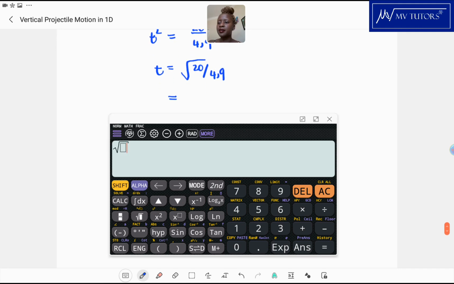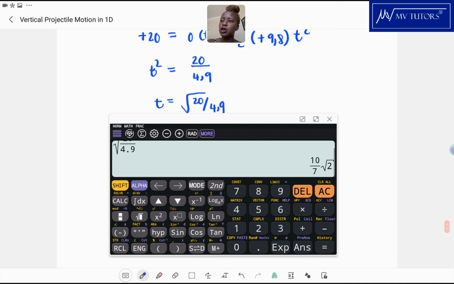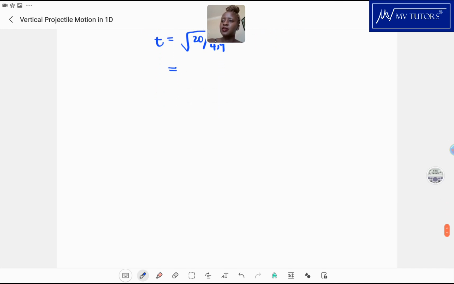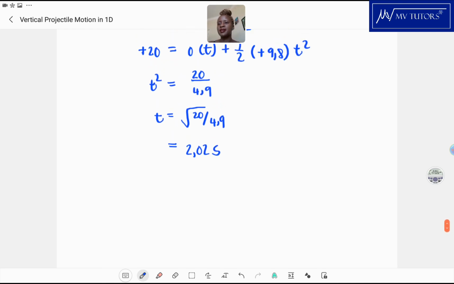Okay, we have 20 over 4,9. Oh gosh, why is it giving me answers like this? Okay, if I'm just going to check it quickly on the calculator, it's going to give me 2,02 seconds.